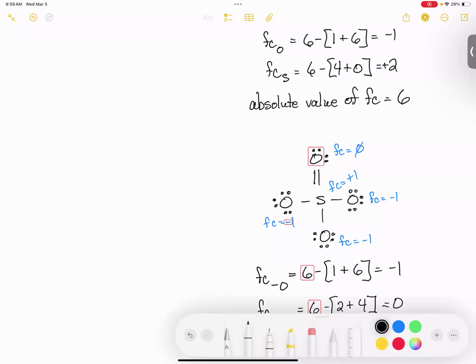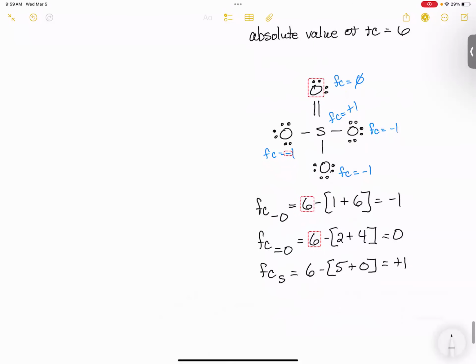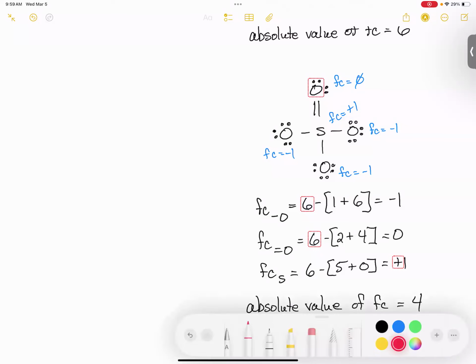So what we did by making that one double bond is the absolute value of formal charge now equals 4. So we've reduced it. The question is, can we reduce it further? Well, yes.